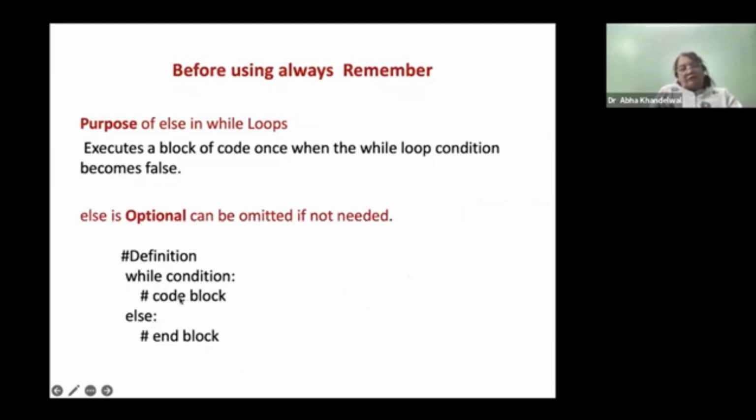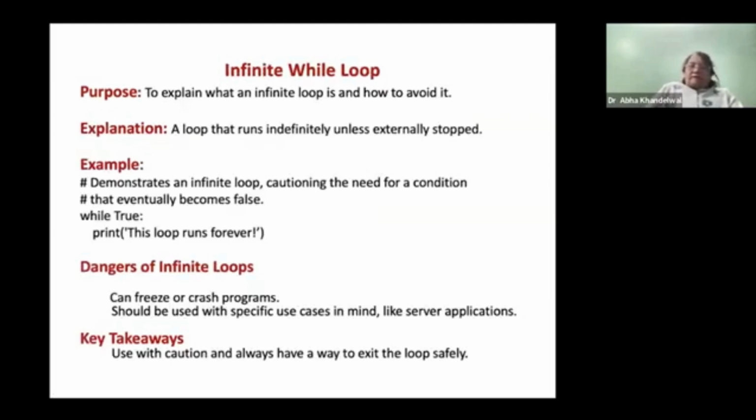Till it is true, this code block will get executed. And when this condition becomes false, then only it will go to the else part, then the end block will be executed, and then it will join the main part of the program. Else is optional. If not needed, you can skip it. Now this is an infinite while loop.